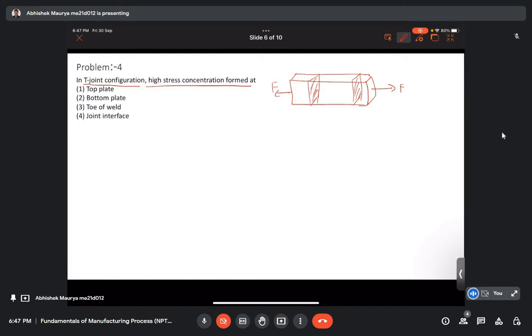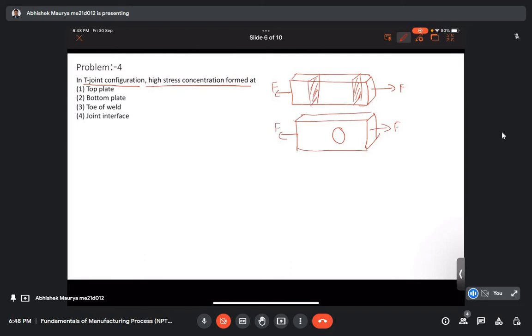But suppose we have a component something like this, where we have a hole, and again we are applying the same force. What will happen?